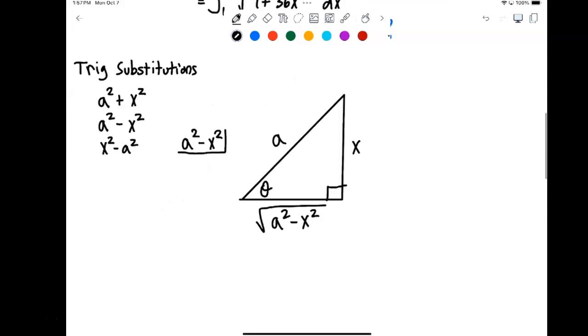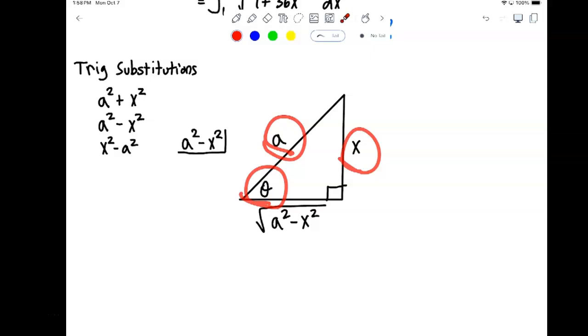We're able to bring that out in a right triangle. But what else do we know in this picture? Well, sine of theta is the opposite, x, over a. Sorry, my mind just stumbled there for a moment.